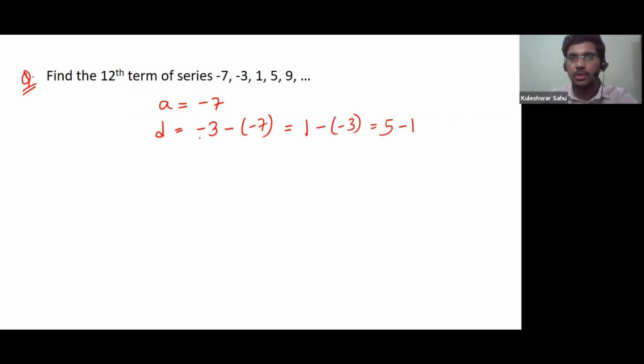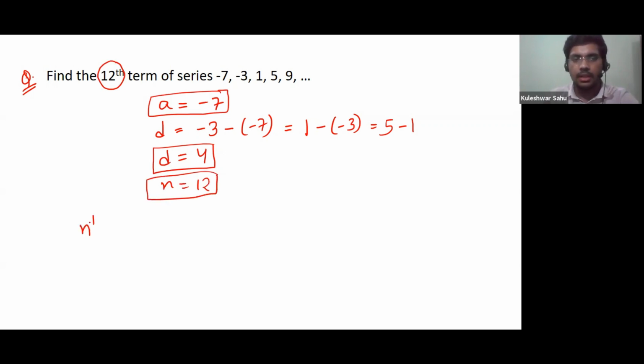But one thing is for sure, all these differences will be common. That's why d is known as common difference. So we got a is equal to minus 7, d is equal to 4, and since we need to find the 12th term, n is equal to 12.